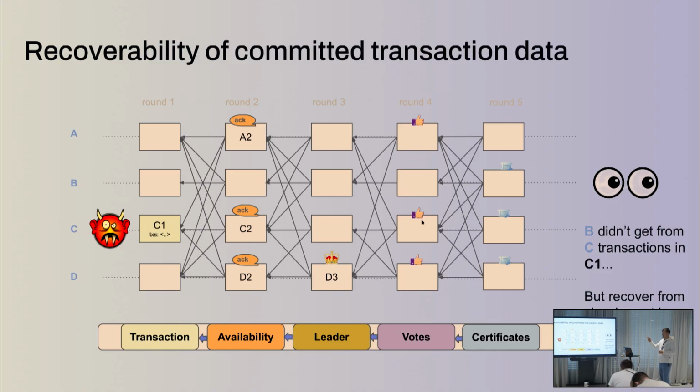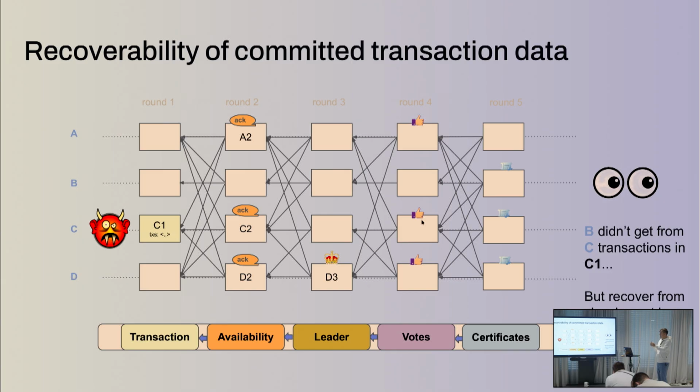And let's say it doesn't send it to B. But since we have a quorum of acknowledgements, and every honest participant who has an acknowledgement statement in the block header has to send its shard, its chunk of encoded transaction data, to everybody else, we can recover the transaction data.